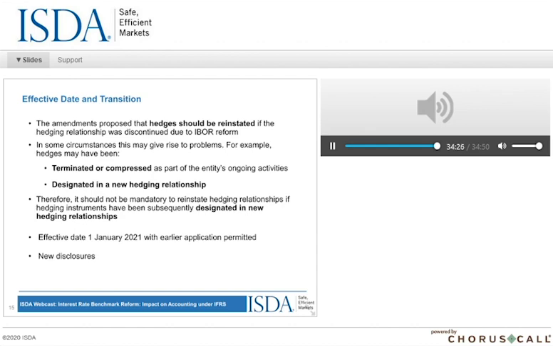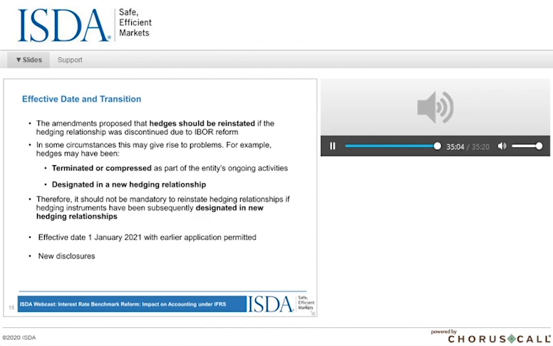In particular, the IASB clarified that to avoid these practical problems, which ISDA has identified, then where hedging instruments have been discontinued or designated, they shall only be reinstated if either, firstly, they were discontinued solely due to changes required by IBOR reform, and secondly, on initially applying the amendments, the discontinued hedging relationship still meets the risk management objective on the basis of which it initially qualified for hedge accounting and that it continues to meet all other qualifying hedge accounting criteria.